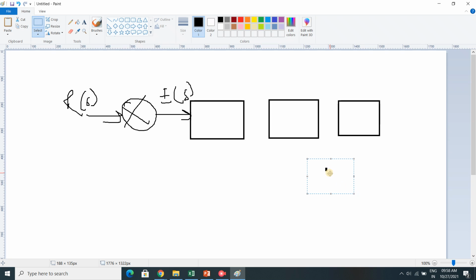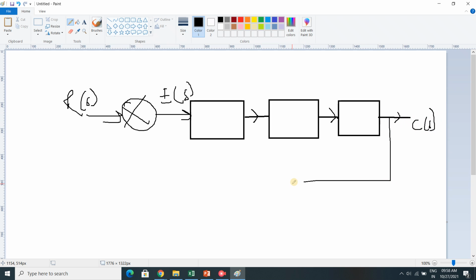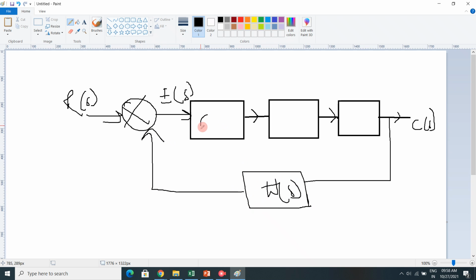Suppose 3 blocks are there, and this is C(s), and there is a feedback H(s).